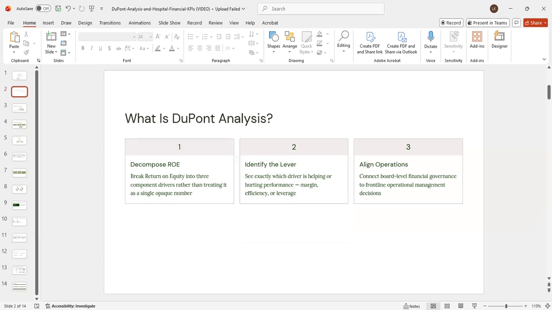So let's start with the question, what is the DuPont analysis? At its core, what the DuPont analysis framework tries to do is to take a well-known measure such as return on equity, which is a very commonly used finance metric, and then decompose that into three separate levers.